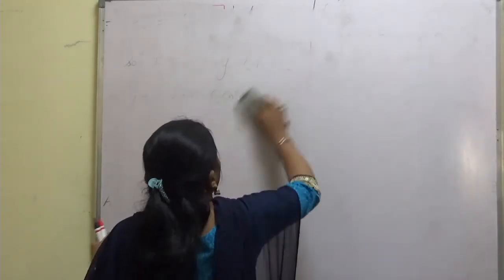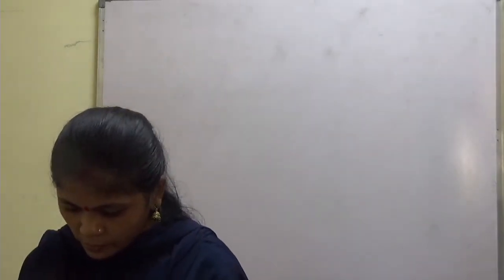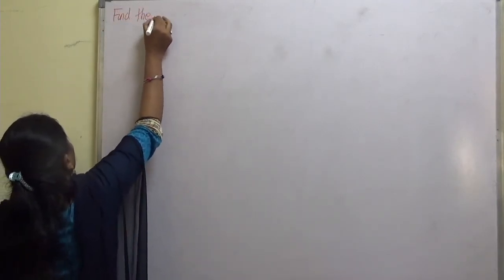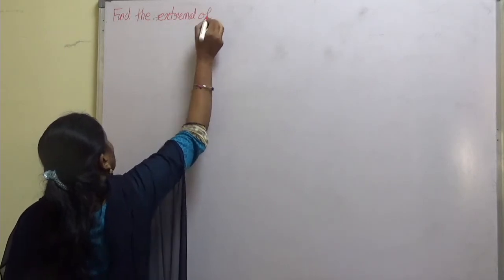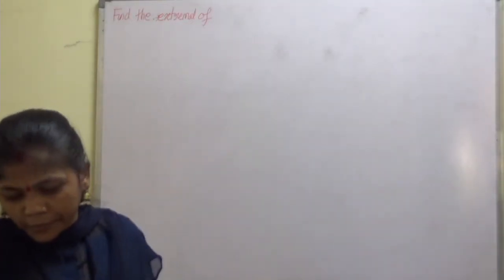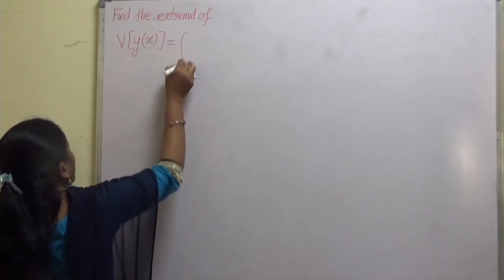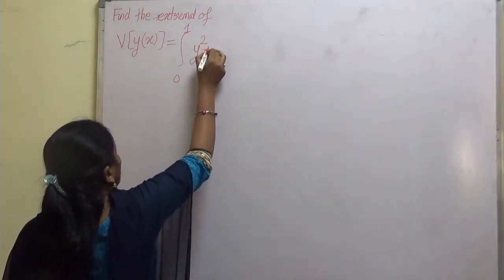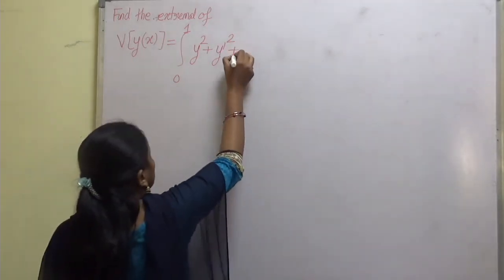Find the extremal of V of y of x, which is equal to the integral from 0 to 1 of y square plus y dash square plus 2y cos hx.